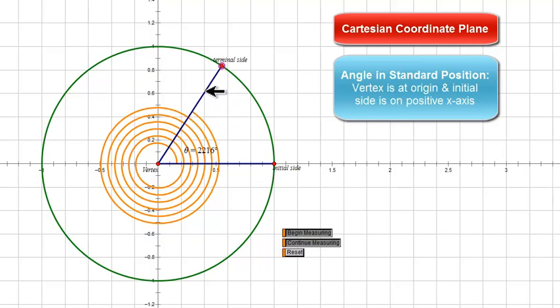All of those angles, for example right here, are the same as if I had just gone up the first amount, which is approximately 45 degrees, half of 90. So all of those angles are coterminal.